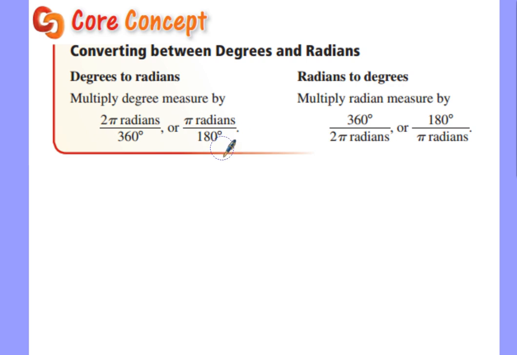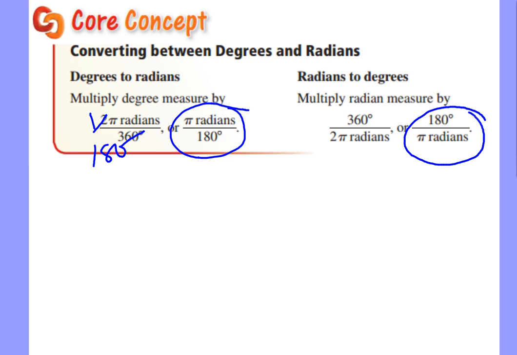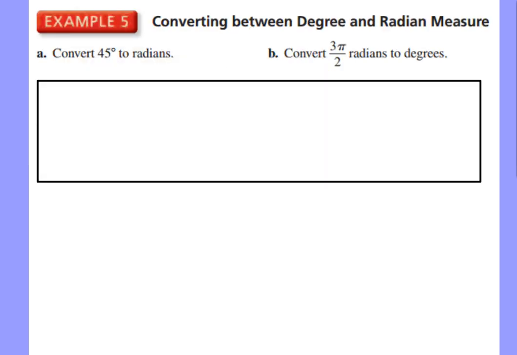I always tell students, since 2 and 360 will always cancel to 180, always think of these two, pi radians over 180 degrees. Some textbooks put both of them in because it's true, but I think it's so much easier to think about this. And if we're going from radians to degrees, we multiply those radians by the degrees over the radians. Let's do an example and see what cancels out, and I think it really helps.